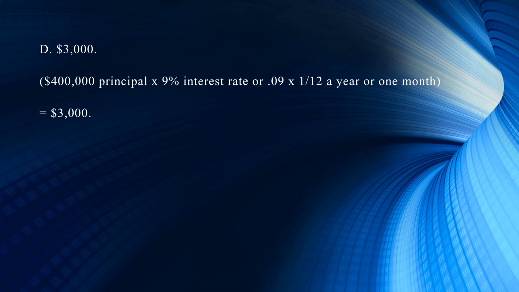If we take the 400,000 multiplied by the 9% and multiply it by the 1/12, that will be equivalent to $3,000. So the answer to question 2 is D. $3,000 would be the interest that we would owe to the bank.